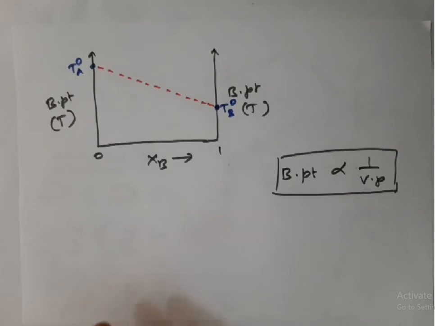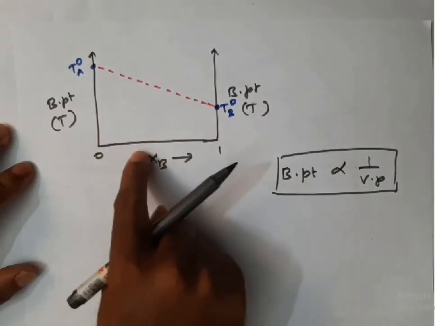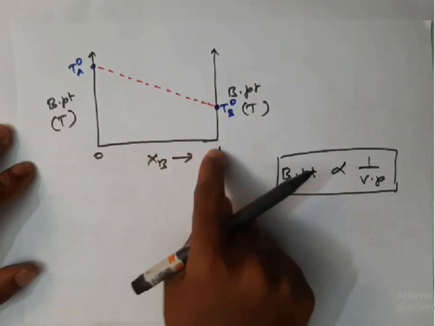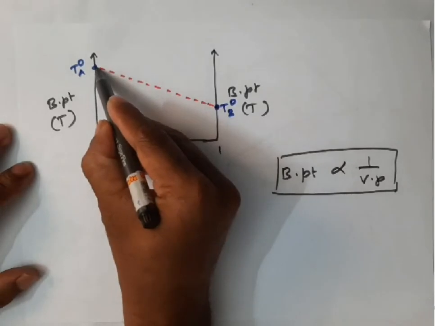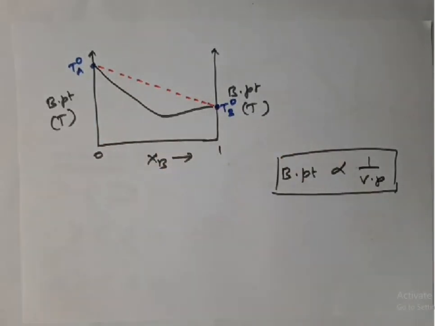Okay. Now if you plot boiling point at different composition, the boiling point curve will go like this. Is it below the straight line or above the straight line?